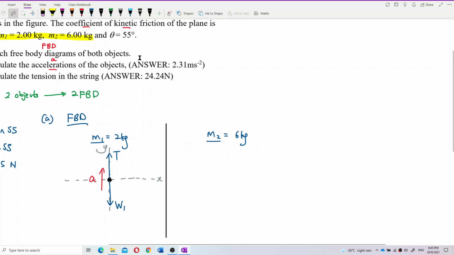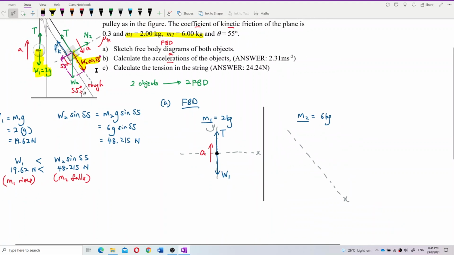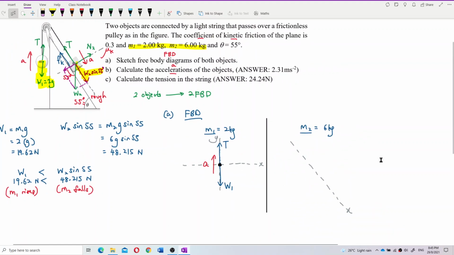So I draw the x-axis tilted, parallel to the surface, and then this is the y-axis, also tilted. Don't correct it to become horizontal. The answer scheme doesn't accept the corrected axis. If the surface is inclined, your axis must be inclined.